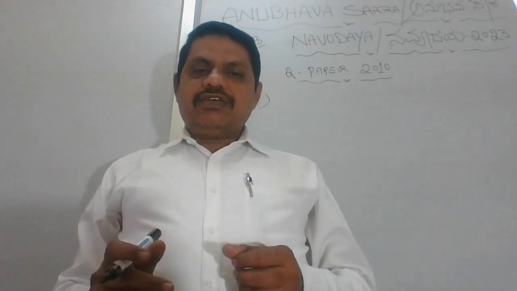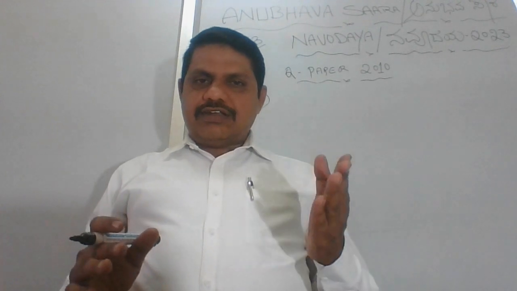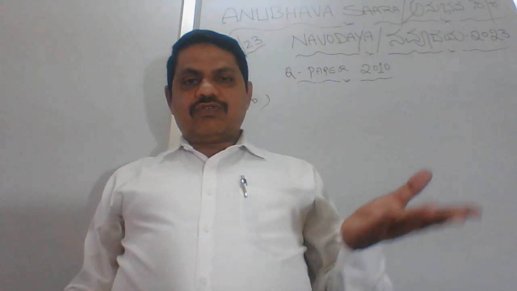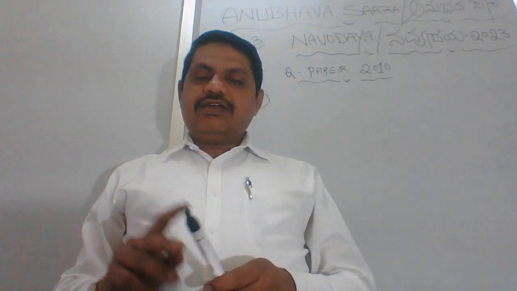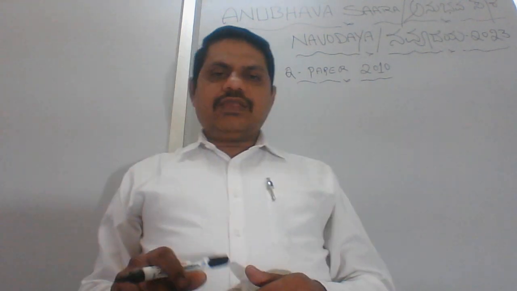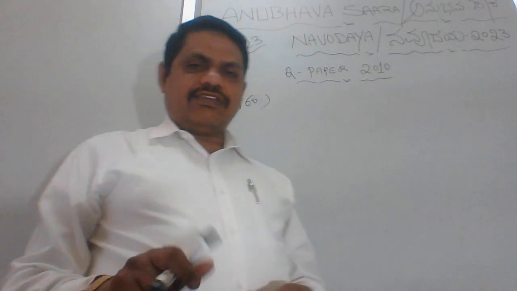This question is related to the train, not speed, but the start and end time, and you have to calculate in reverse. Again, you have to know about the 24 hour plan and the calculation of train time. I hope many of you are aware of the train time. Before getting into the discussion, I'll just explain.